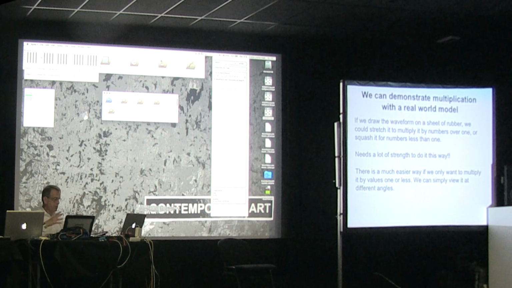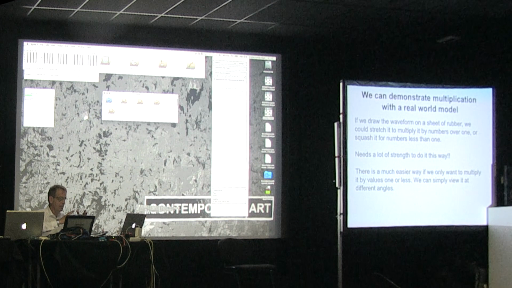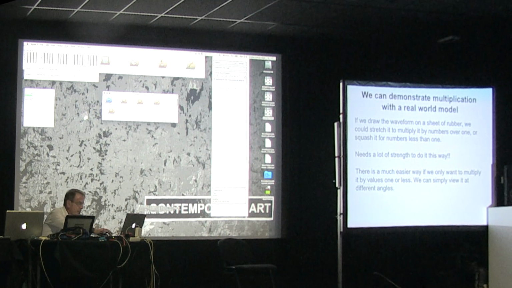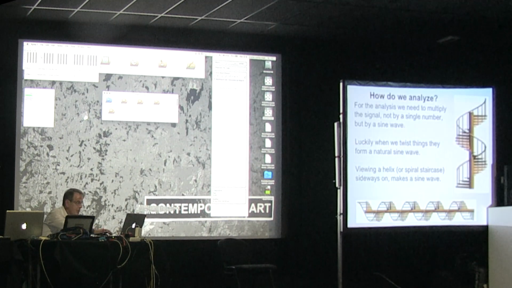Now, multiplying a waveform by a sine wave is a little bit more difficult to visualize in your mind, what's going to happen. But sine waves sort of come naturally with a helix, like a spiral staircase that will actually produce a sine wave, right?